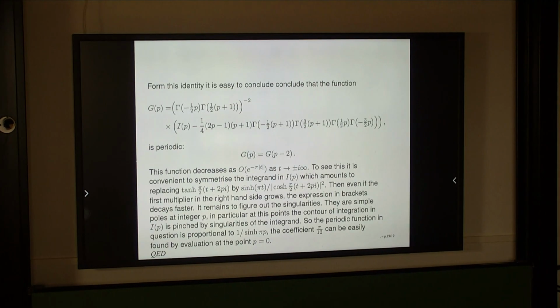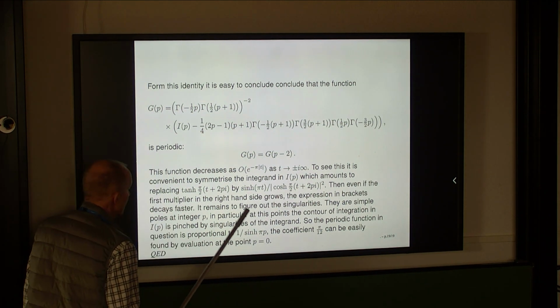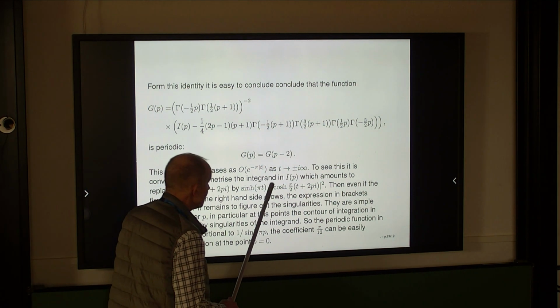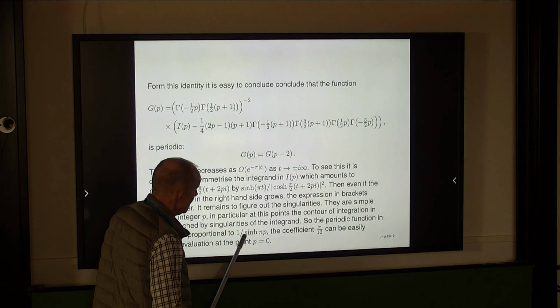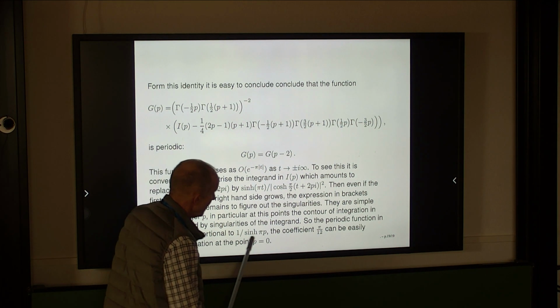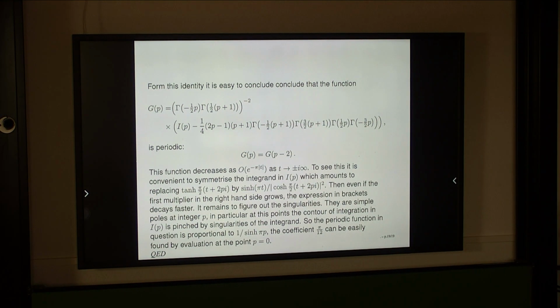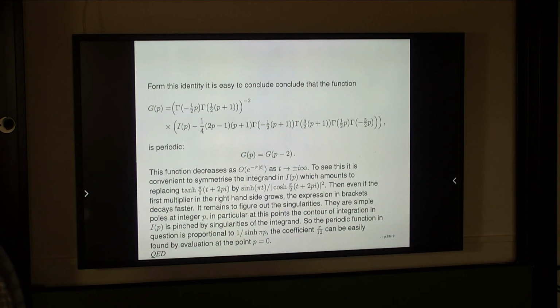So I have to fix its poles, and that's essentially it. It's periodic, and it's easy to see there is only one pole, so this function is proportional to 1 over hyperbolic cosh, and the coefficient, which is pi over 12, is easy to find by taking some particular value.